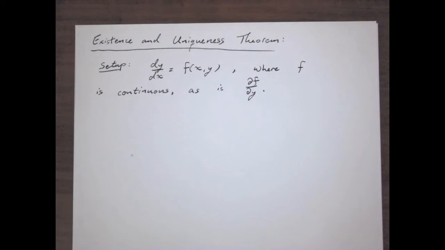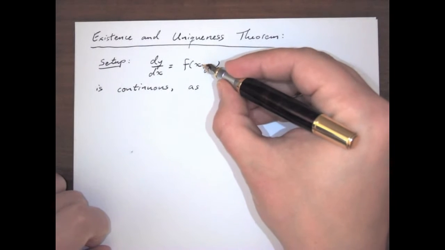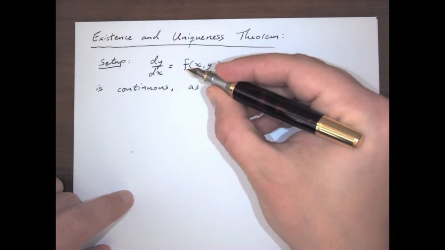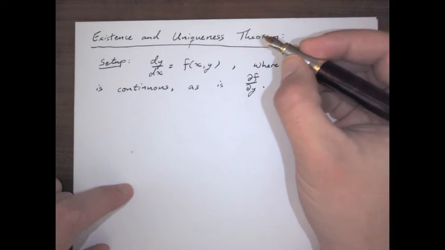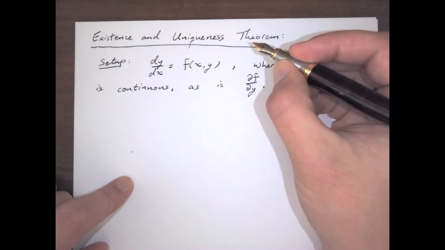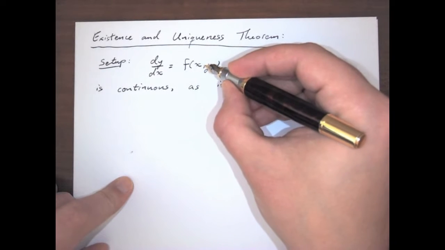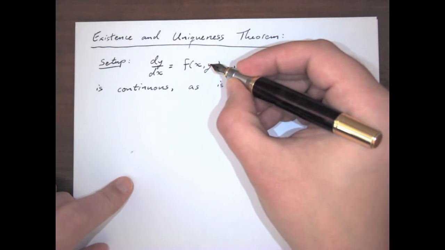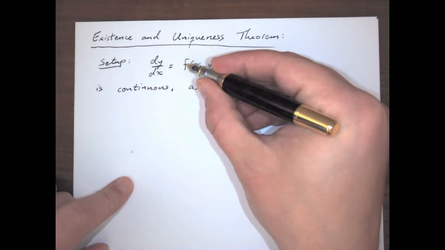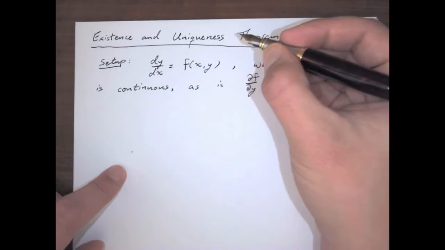By continuous here, for those of you who haven't taken Math 254 and aren't as familiar with functions of more than one variable, if we say a function is continuous, what that basically means is there are no abrupt changes, or no places where it's undefined. It will change smoothly. You give x a tiny change, f will have a tiny change. You give y a tiny change, f will have a tiny change, and it's always defined.